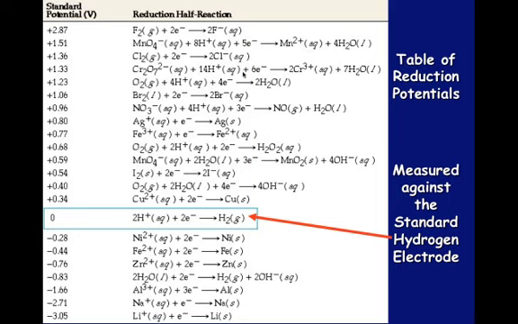The more negative the value, that reaction will proceed as an oxidation if combined with something that has a more positive reduction. So again, more positive leads to reduction, more negative, when combined with something else, leads to oxidation, and the reaction will be flipped.